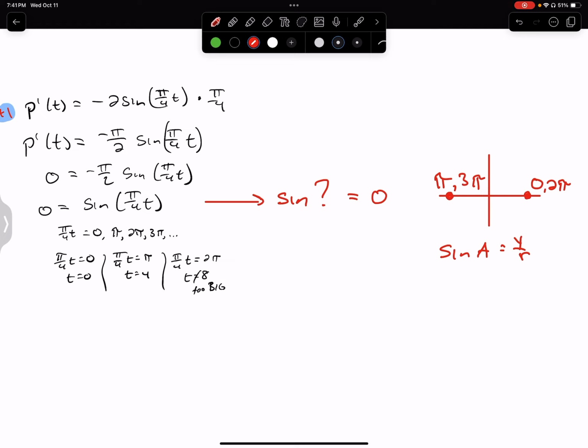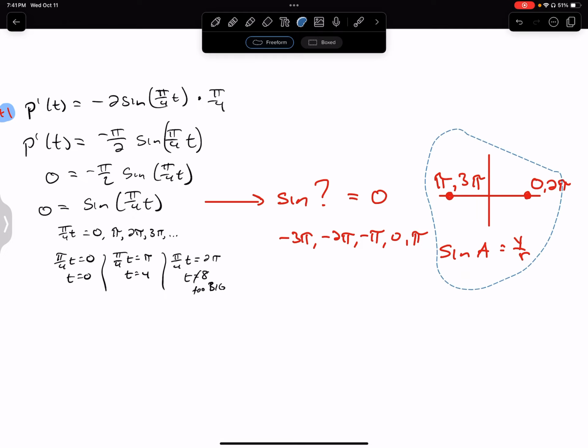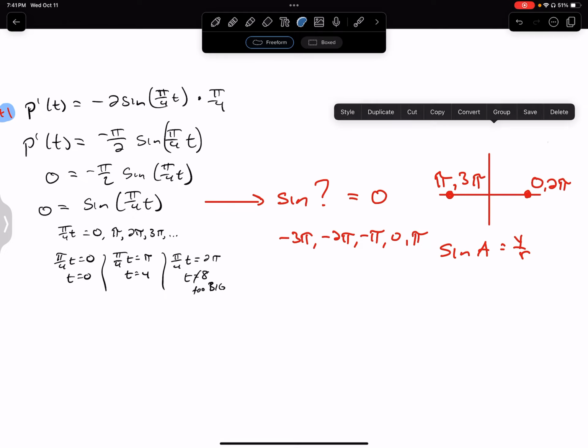So all that to say is, whatever our angle is, we know our angle is going to be, I mean, we can do this forever: negative 3 pi, negative 2 pi, negative pi, 0, pi, 2 pi, 3 pi. This goes on forever.